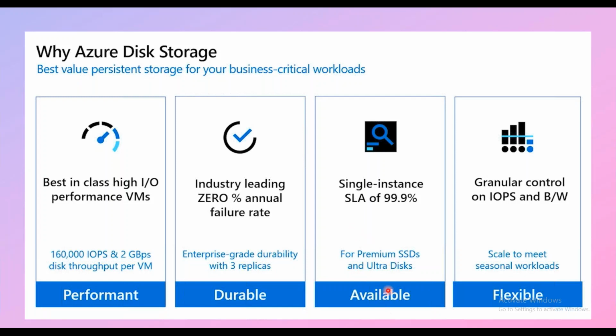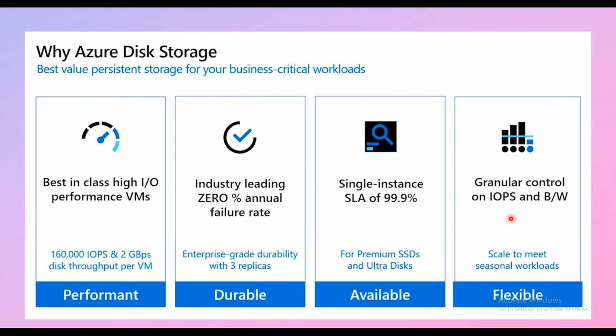Here we have availability also. You get 99.9 with a single instance, and if you go for multiple instances, you get maximum availability. You also get a lot of flexibility to meet any kind of spiky or seasonal workloads. You have granular control to change the IOPS, throughput, bandwidth, and capacity without impacting the other parameters.